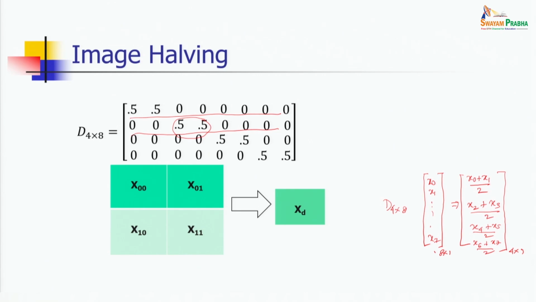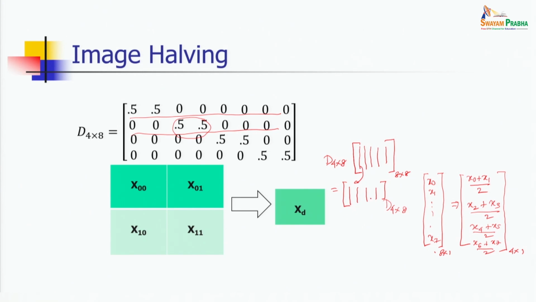And if I consider a block of 8 cross 8, I will have 8 such column vectors. If I multiply with this 4 cross 8 matrix, each column vector will be transformed into a column vector of length 4.